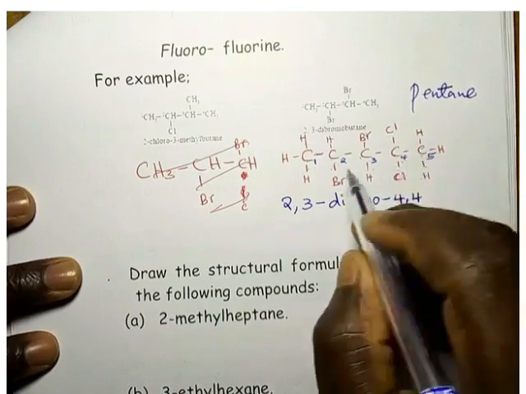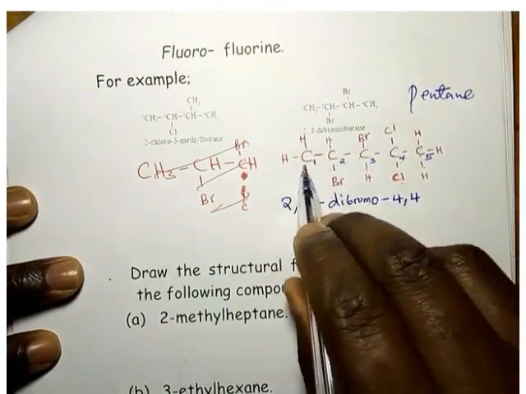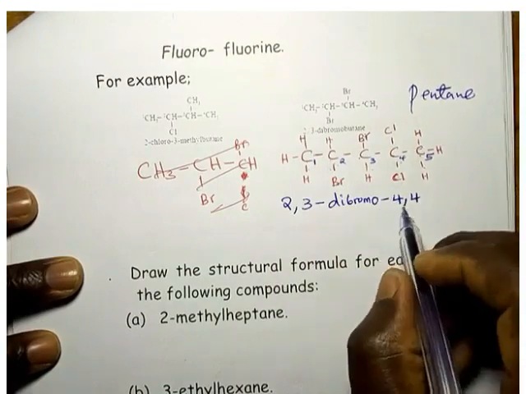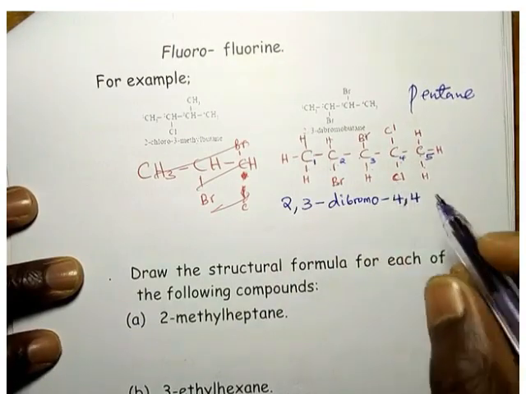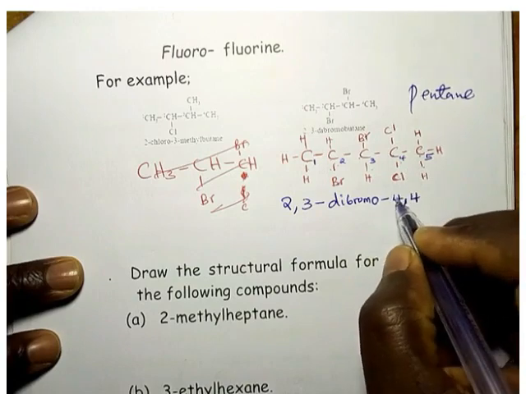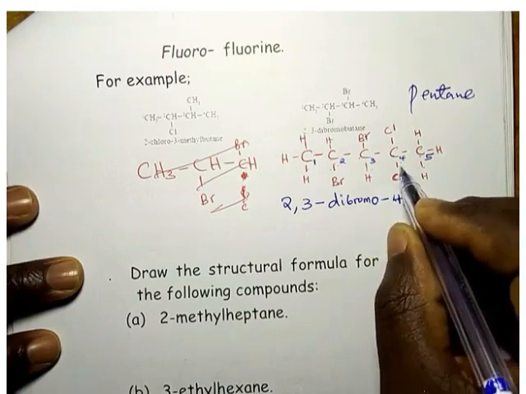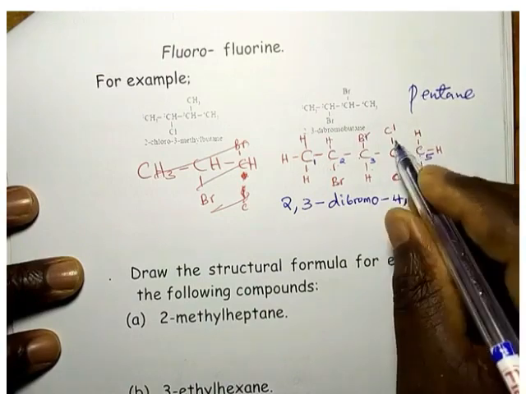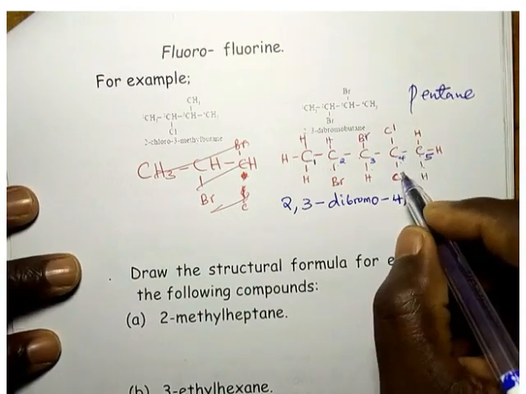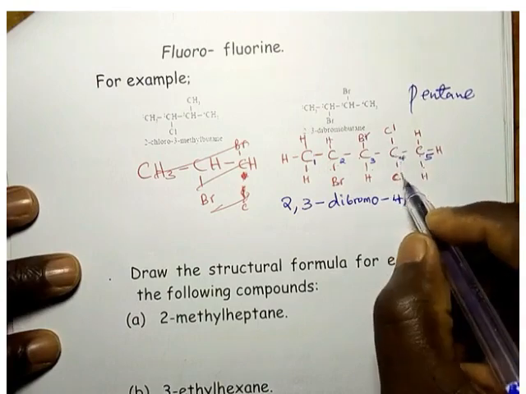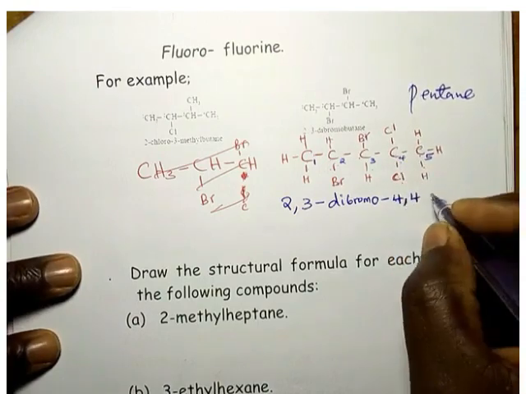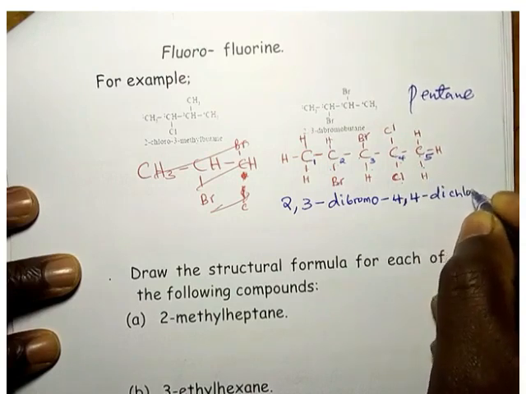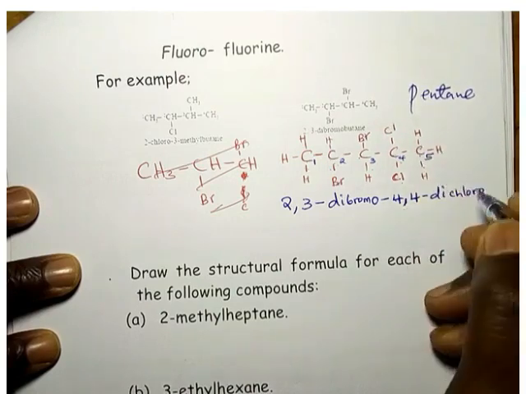That is, if you start here you get this 4, and again if you repeat you get another one for 4. That is why we write 4,4. So we use a comma to separate them. You don't need to use a single 4. Some people think that since they are on carbon number 4, you will just use 4 to represent both of them. No. Each is attached, one on the top and one on the bottom. Therefore, this way. And then dichloro. And then the parent name, pentane.